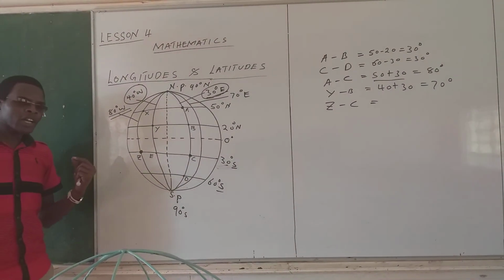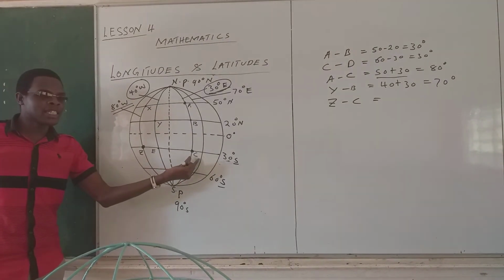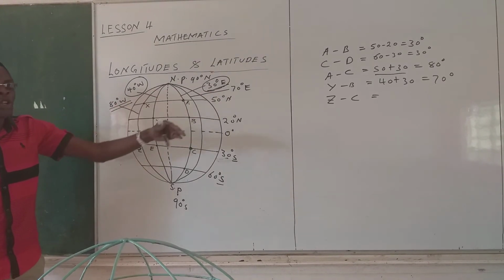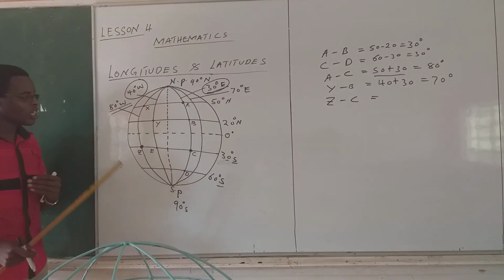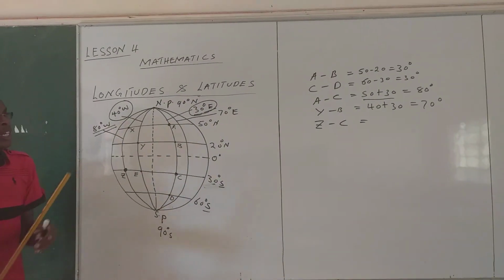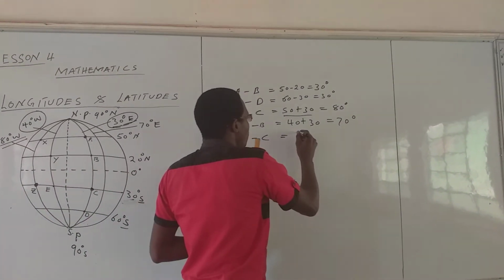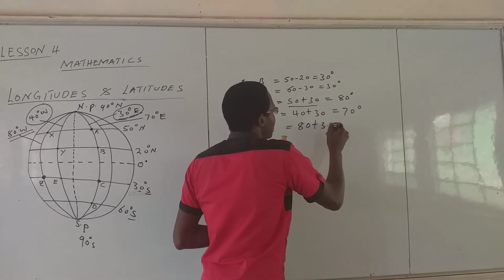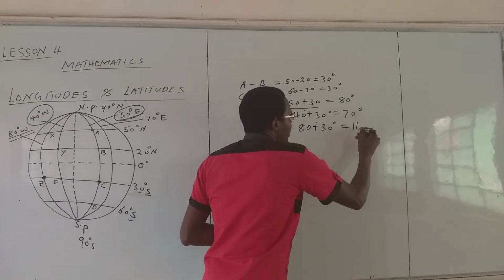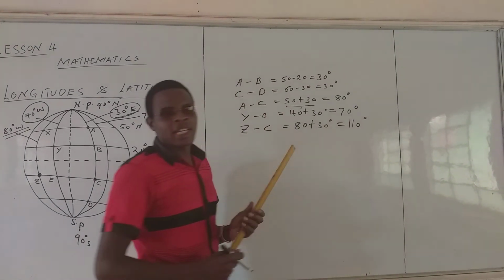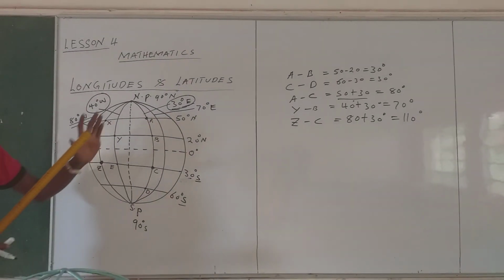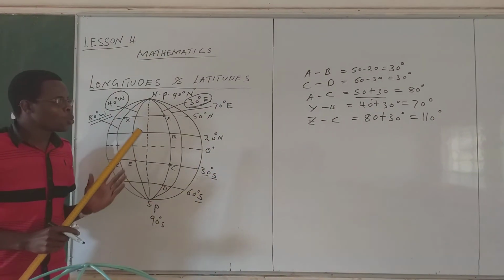So the degree difference between point Z and C is going to be 80 plus 30. The reason is because they are lying on opposite sides of the globe. This is towards west, this is towards east. So the degree difference between them is going to be 80 degrees plus 30 degrees, which is going to give us 110 degrees. That is how we find the degree difference between two given points.